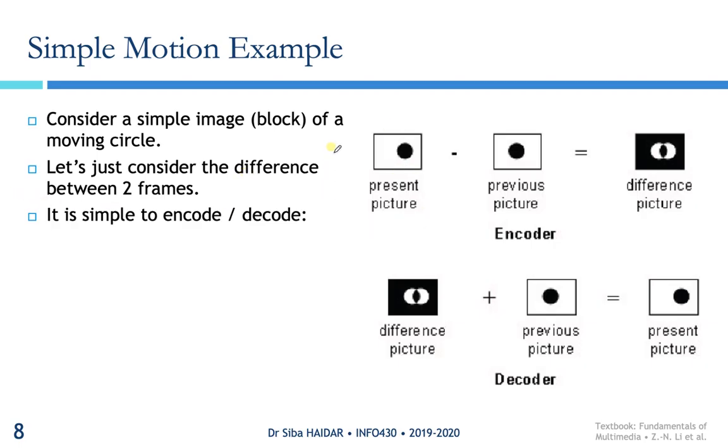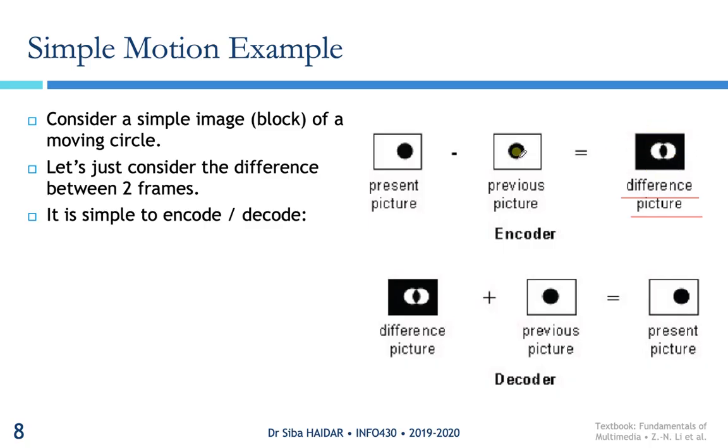I take the present picture, the current frame, and I have the previous frame, and I can simply subtract the two matrices, one minus the other. So I will obviously have what we call the difference picture. As you can see, the difference picture contains a lot of zeros. This is the color black.